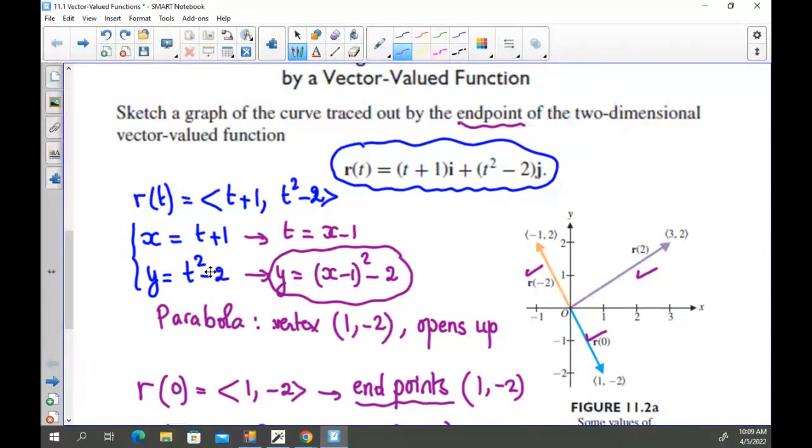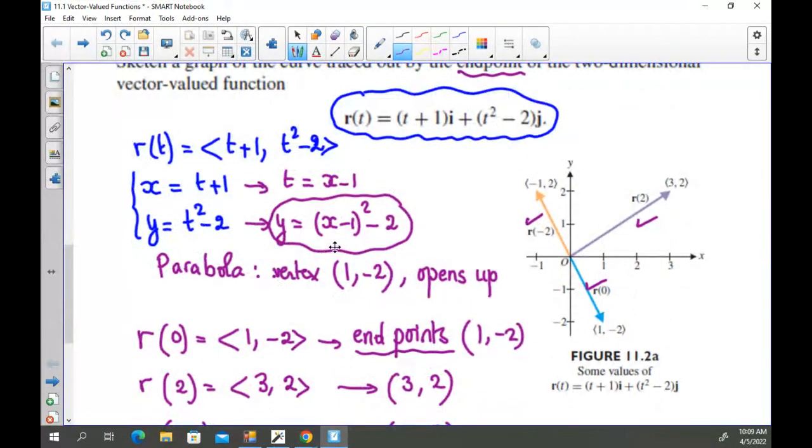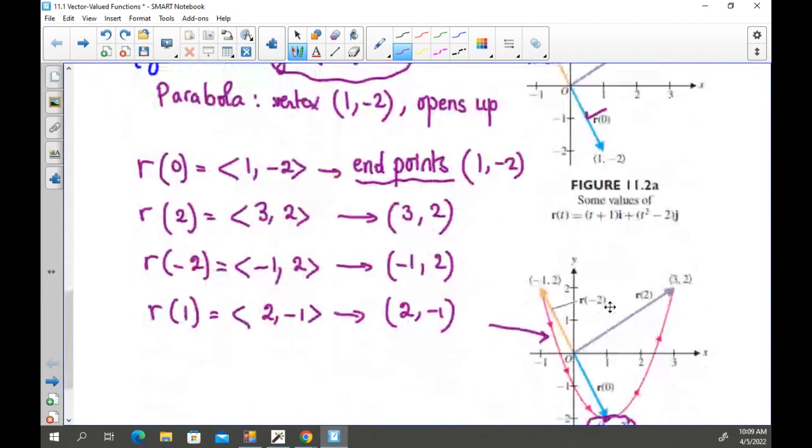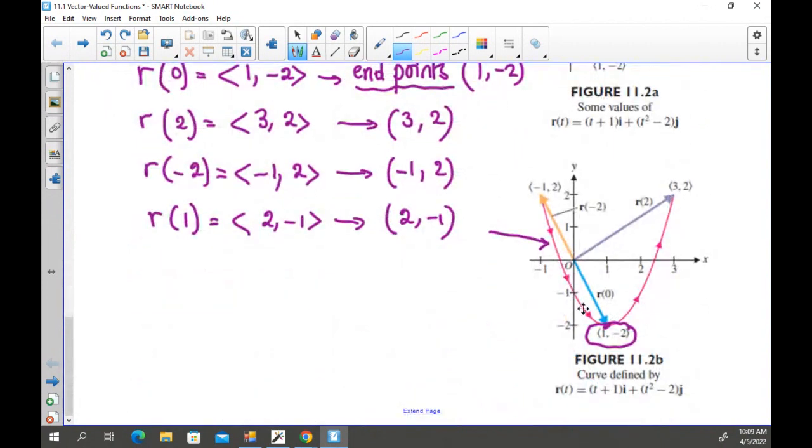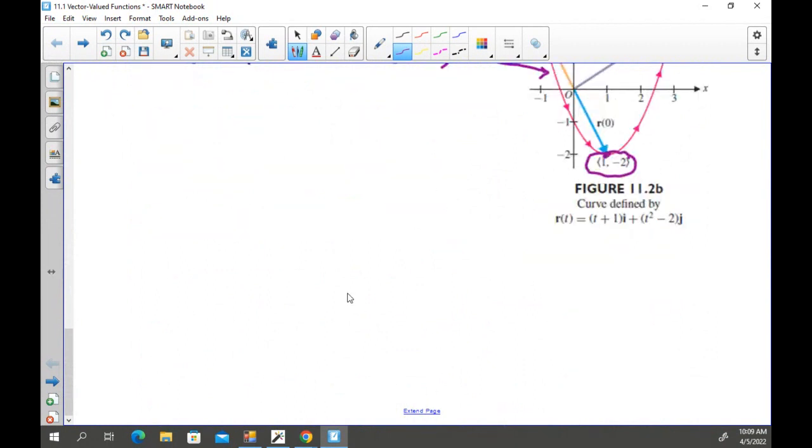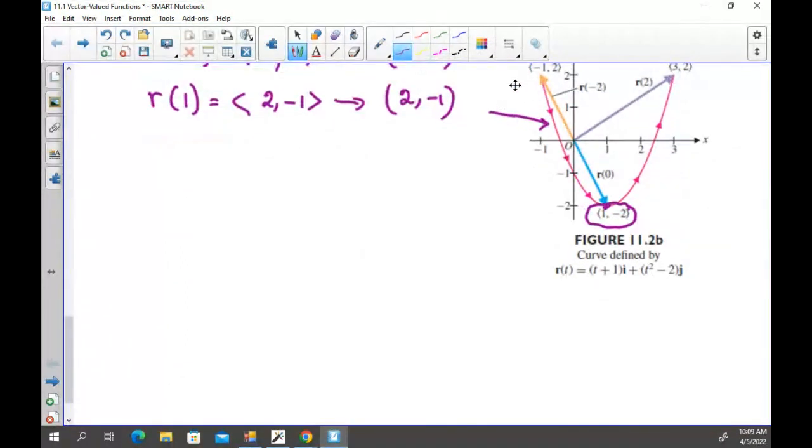You find an equation between x and y. Here we can see it's a parabola with the vertex 1 minus 2, and it opens up, so you can graph it. The graph is given here, and the equation is given.